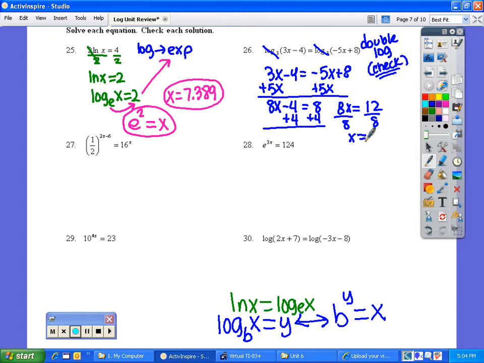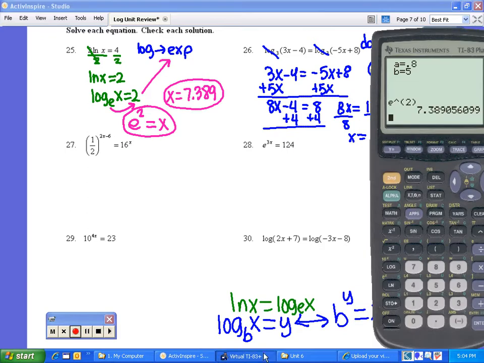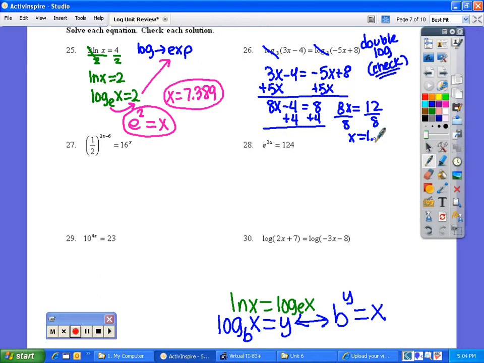So if you do 12 divided by 8, you get 1.5. So you are allowed to get decimals. You're just not allowed to get negative logs. So now we should check it just to make sure.